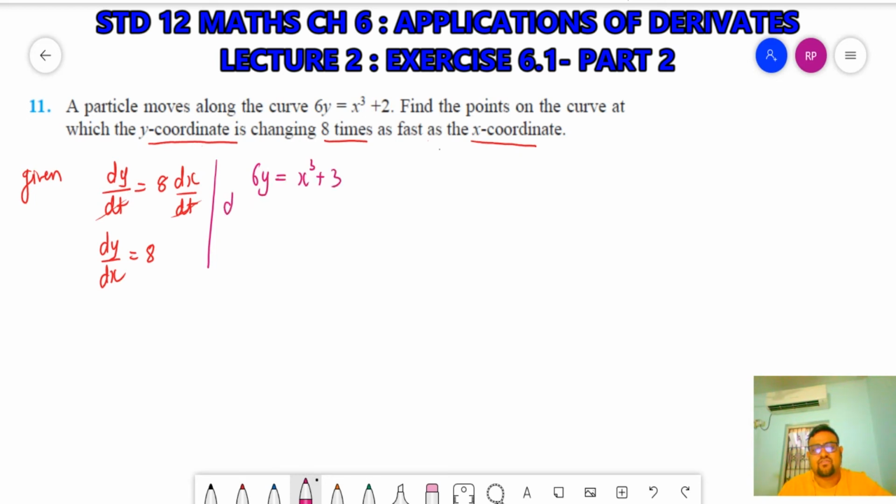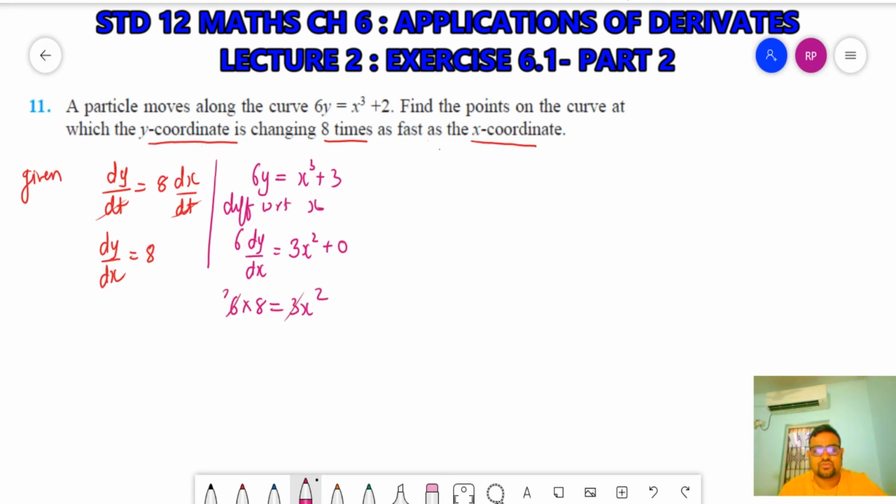Let's differentiate with respect to x because I have dy by dx. So 6 dy by dx equals the derivative of x cube, 3x square, plus 0. What is the value of dy by dx? 8. So 6 into 8 equals 3x square.